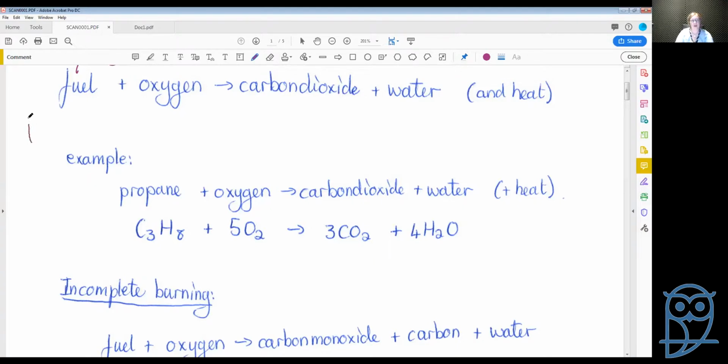So this is the equation that you guys need to remember. Fuel plus oxygen gives us carbon dioxide and water. That is your equation. Okay, so if we have propane and we mix it with some oxygen molecules, then we end up with carbon dioxide and water. So here you will see that it uses 5 oxygen molecules in order to get this carbon dioxide.